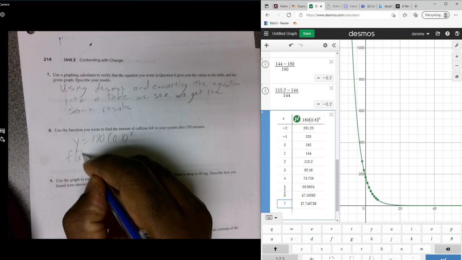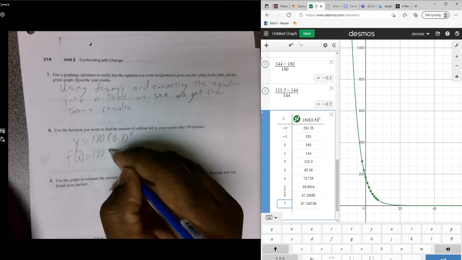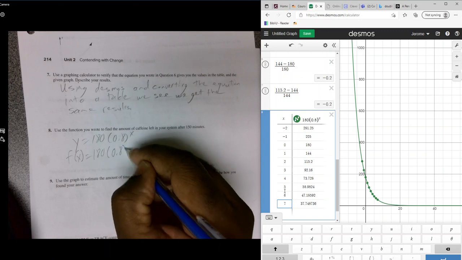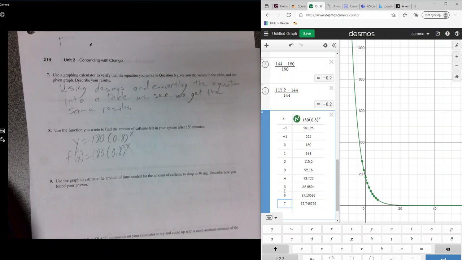Now, our next step, 150 minutes. We have to look at this in terms of hours because in our table, everything is done according to hours. So we have to change 150 minutes to hours.